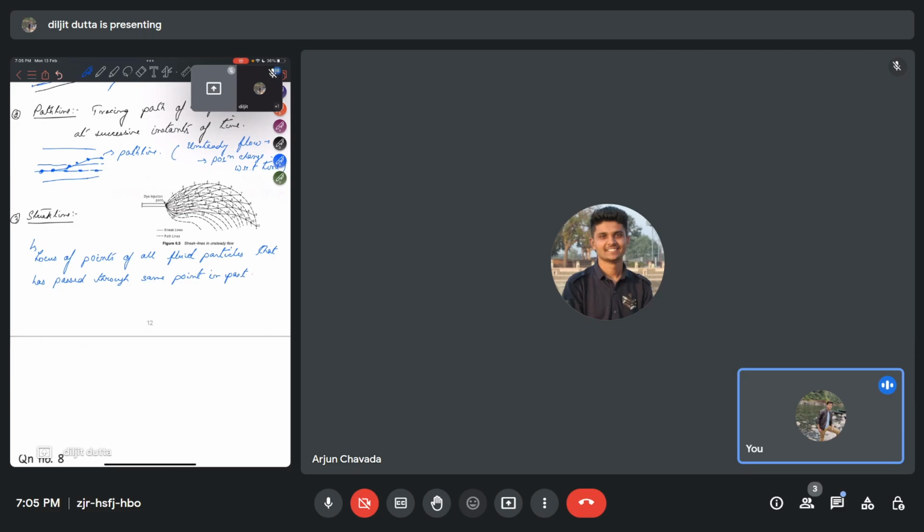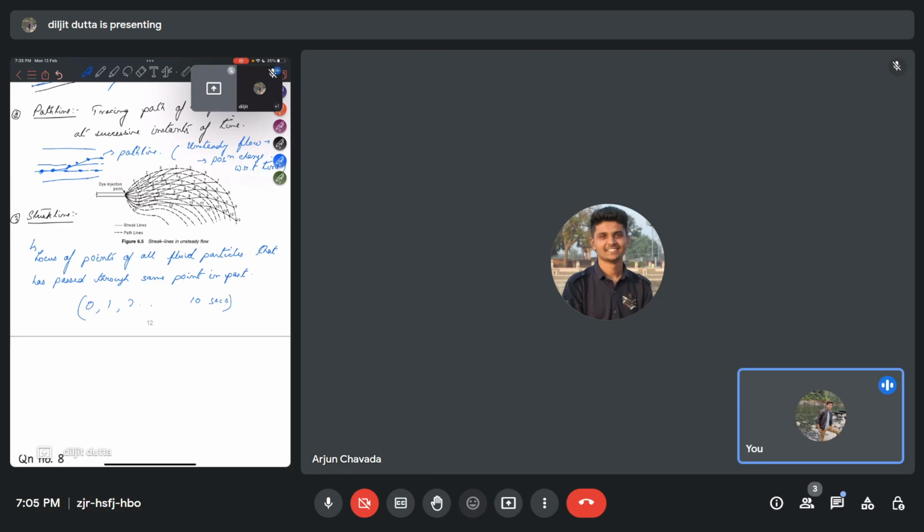So here is a diagram. This is showing the streamline, streak lines and the path lines. The numbers 1, 2, 3 like this represent the time. It starts from 0, 1, 2 till 10 seconds. Suppose we have taken the first particle.